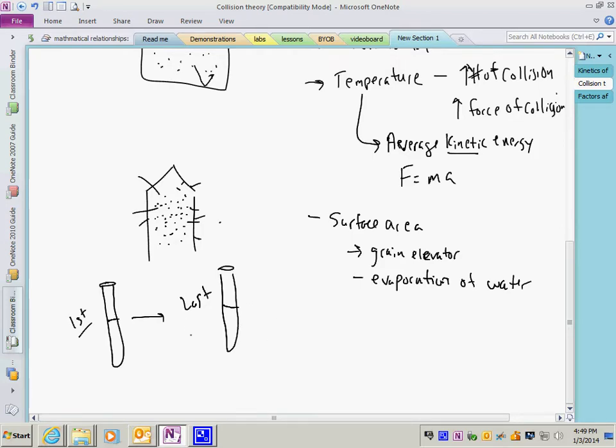Yet I can take that same test tube with another one, day one, and pour it out on the floor, and it will be gone within minutes, before the classroom is done. So surface area is an opportunity for something to take place. Just like in a grain elevator explosion, we have larger concentration of gases, particles. Therefore, more particles means more collisions, which means more reactions. Surface area.